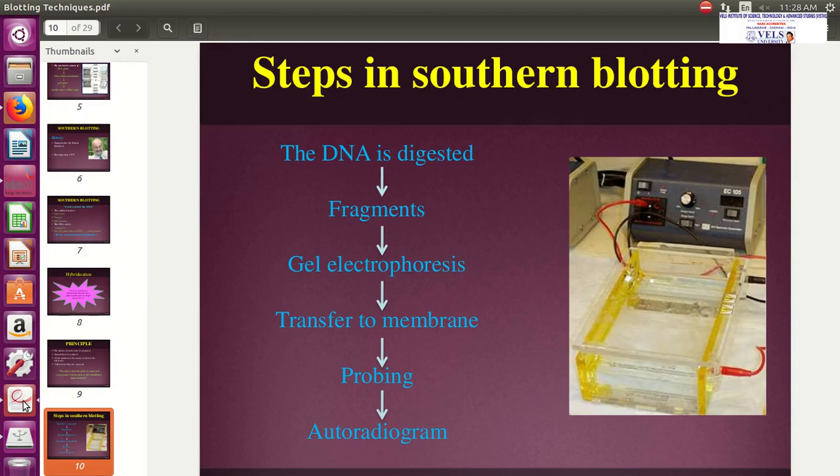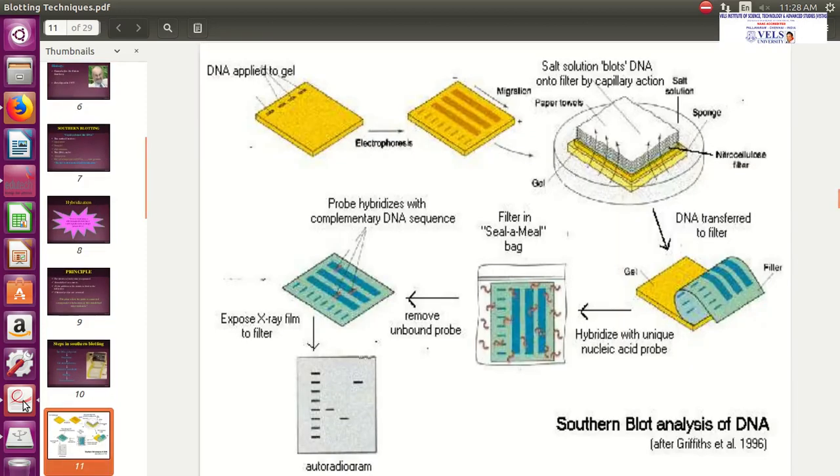This is the apparatus used for Southern blotting. This slide explains in detail about Southern blotting. First we have to digest the DNA, and the DNA is applied to gel which undergoes electrophoresis.